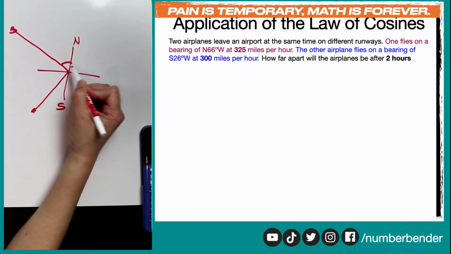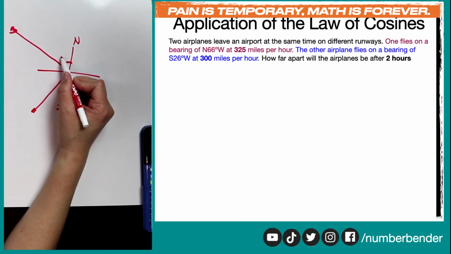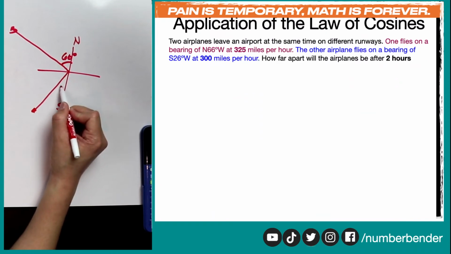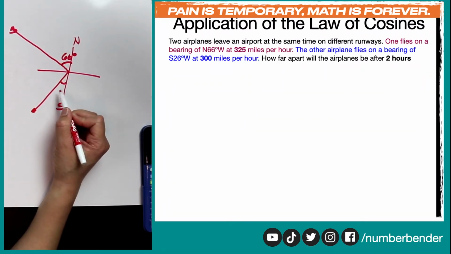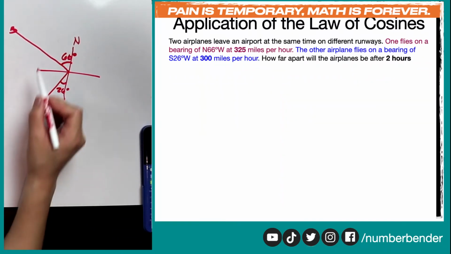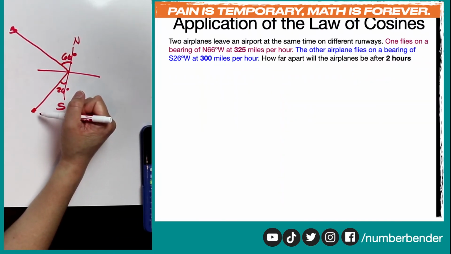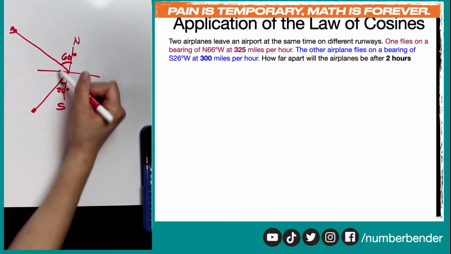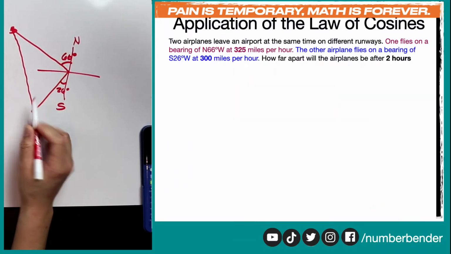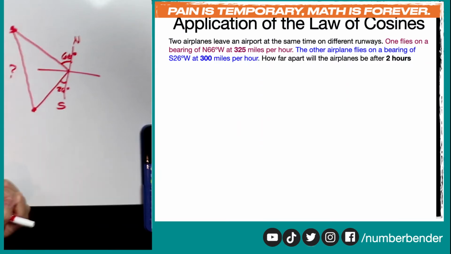And it formed an angle of 66 degrees for the first plane and the other one at 26 degrees. So this is our visual representation of the two planes leaving the airport, and we know that after 2 hours, we'll be able to compute how far apart they are by using our oblique triangles.